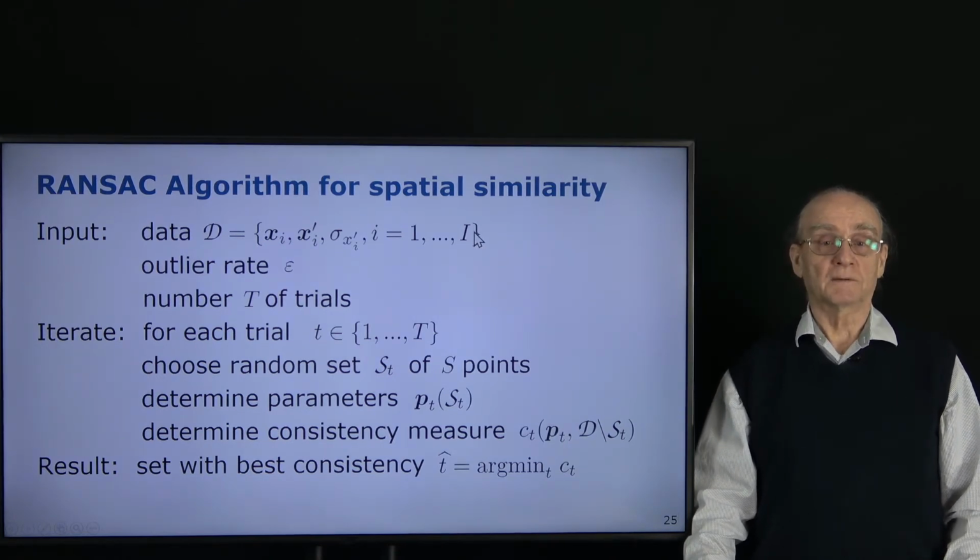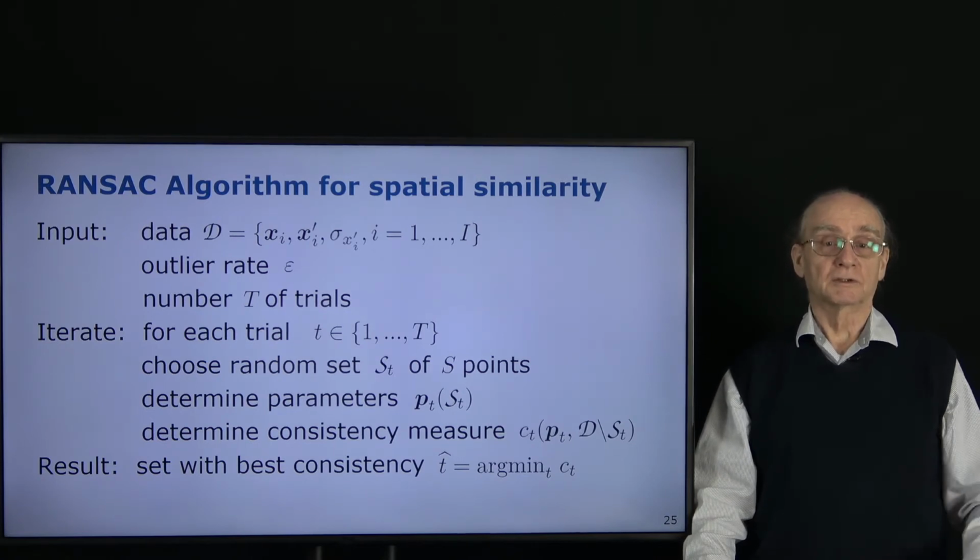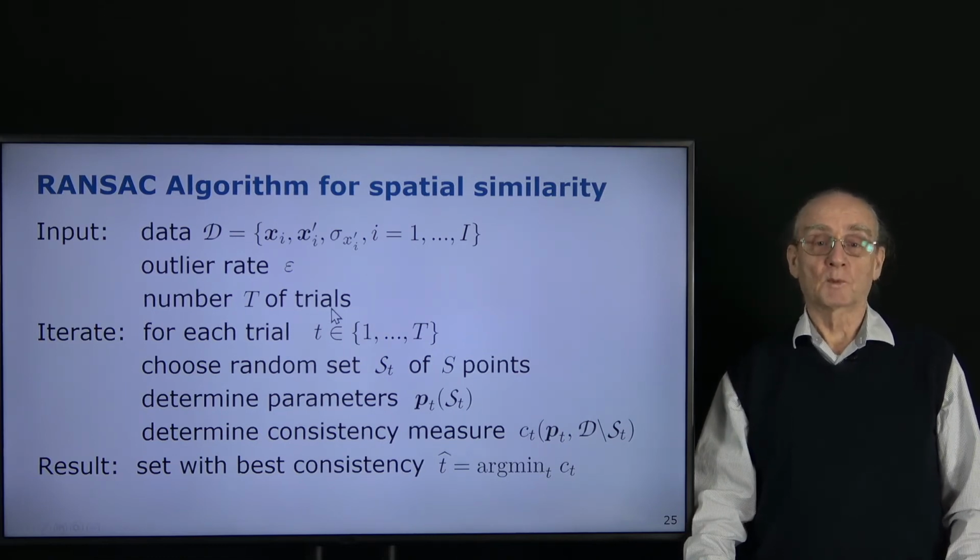So this is the data. We assume a certain outlier rate, which we later need for checking. So if there are more than epsilon residuals larger than the critical value, we of course would say the triplet is not good. And then we have to specify the number of trials. We will come back to how we do this later. So this is, so to say, the input.